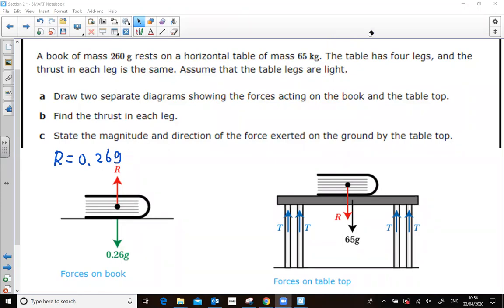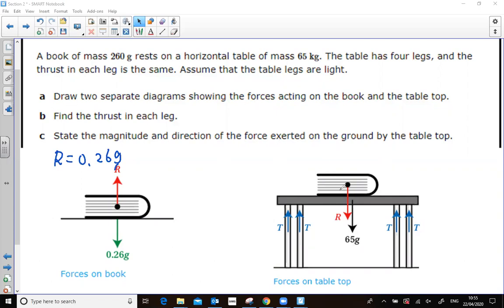Well, as we said, the normal reaction force will be the same, so this R will also be 0.26 g. So we'll use that later on. Now, let's think about the forces acting on the table. Again, because there's nothing moving, there's no acceleration, so the resultant force acting on the table should be equal to 0.